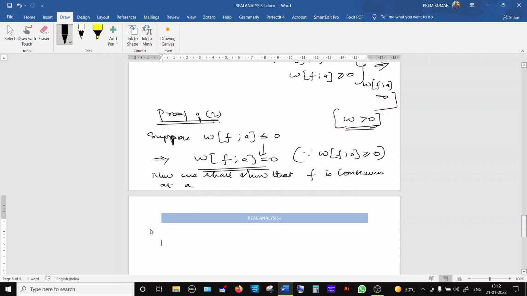So we shall prove that f is continuous at a. Let us consider one real number epsilon greater than 0 be given, an arbitrary point.